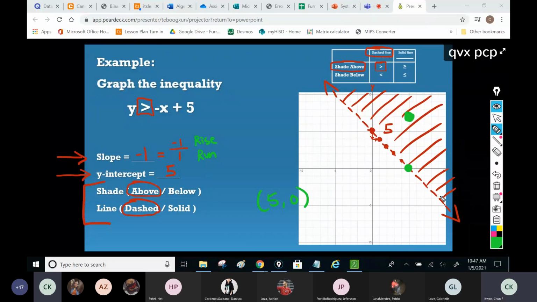So you will look at this line, and this is a dashed line. A dashed line is not part of the solution. The line itself is not part of the solution. So any value that is on the dashed line is not a solution. So no, not a solution.